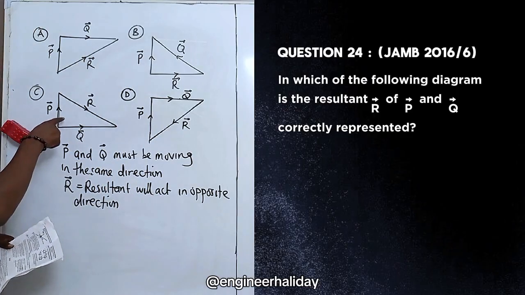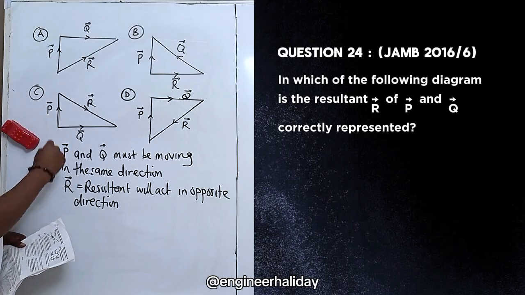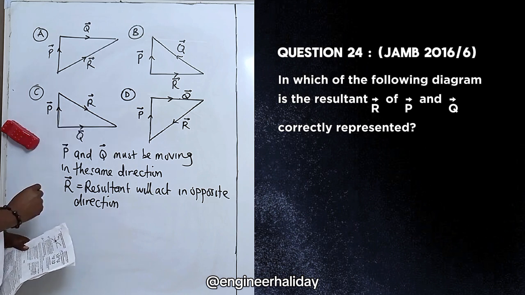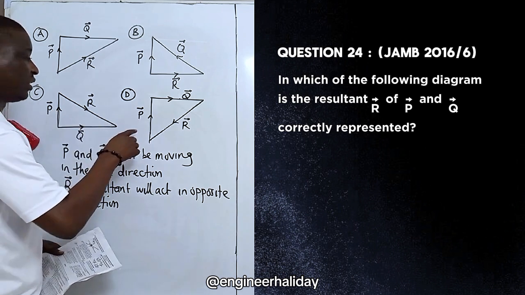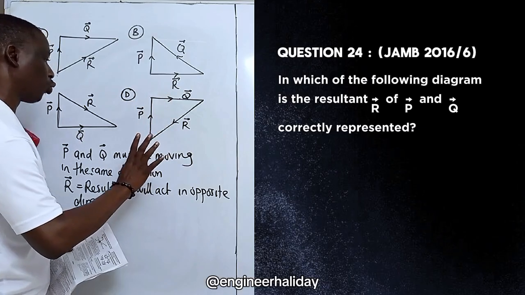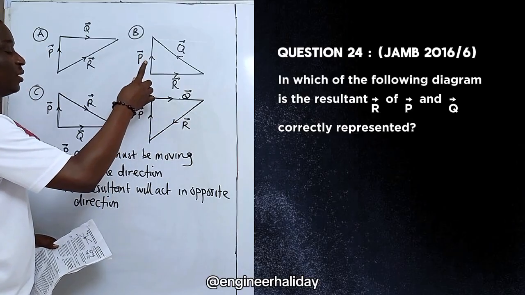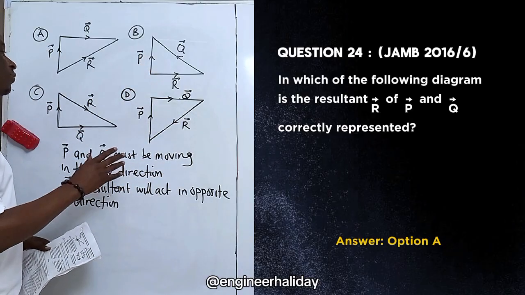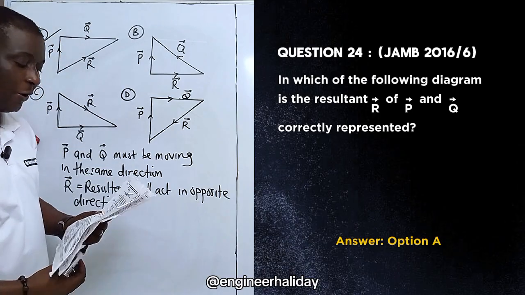So that one cannot be the answer. P and R are in the same direction. Wrong, it's supposed to be P and Q. So that one is wrong. P and Q are in the same direction, correct? R is also moving in the direction of P and Q. So that means that option is wrong. So the right option to this question is option A.